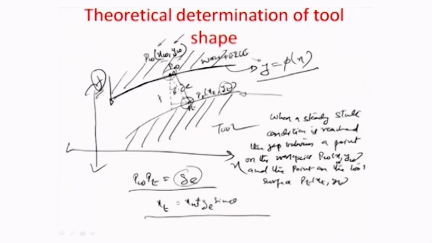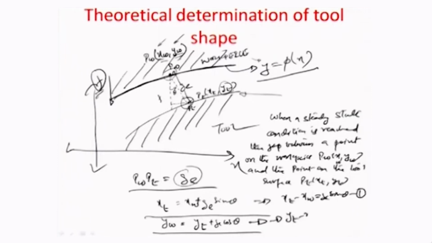And if we compare the position coordinates yw and yt, the yw is forward displaced from the yt by a gap G cos theta, meaning we have two equations here: xt minus xw, which is G sin theta, let us call it equation 1, and yw minus yt, which is G cos theta, let us call it equation 2.